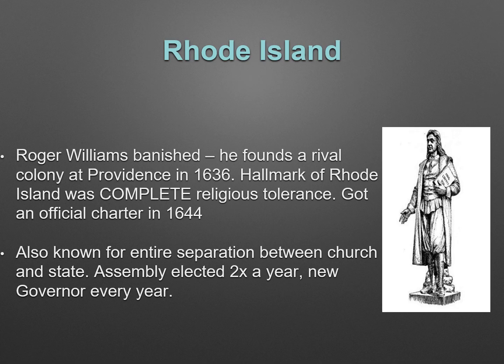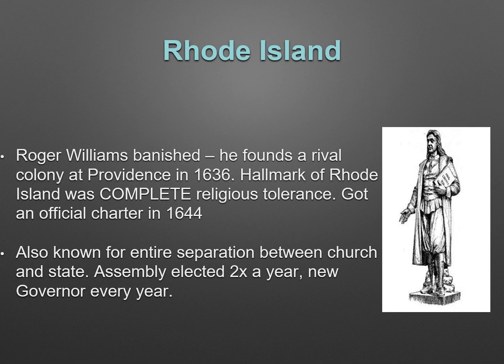He establishes this new colony called Providence in 1636, and when it's done, it becomes Rhode Island. It gets an official charter in 44, and their big thing initially is total religious toleration and separation between church and state.